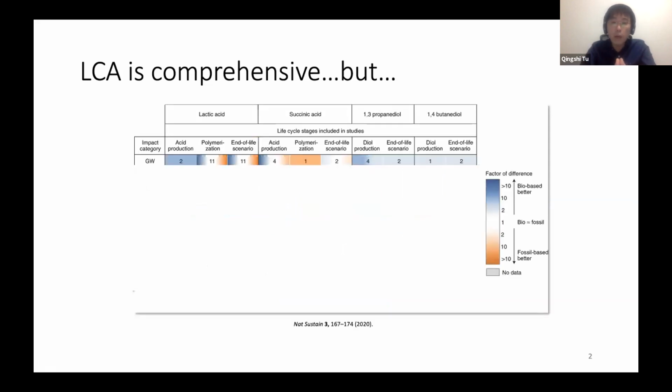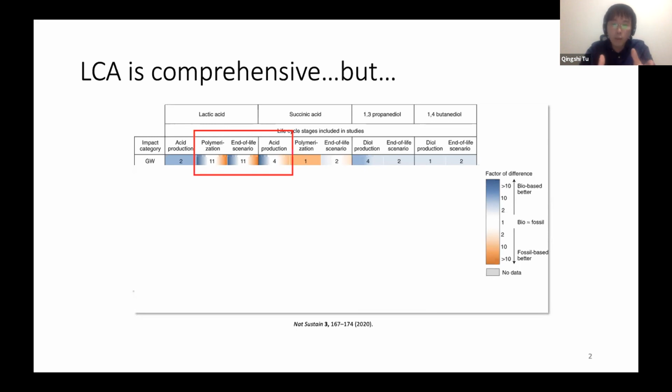And similarly, if we look at biochemicals, we see a similar pattern, for example, for lactic acid. Ideally, we want to see those colors all bluish, right? Because if you look at the legend, bluish means the bio-based solution, technology, or feedstock is actually better than a fossil-based one. But where we have multiple LCA studies, usually the more studies you read, the more diverse the answer to whether the bio-based solution is actually better than the fossil-based solution.